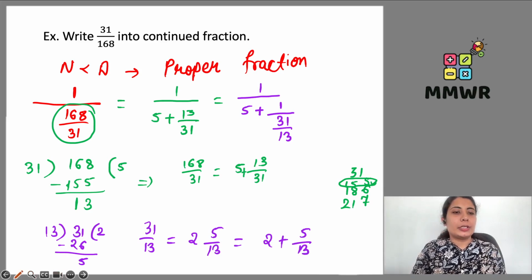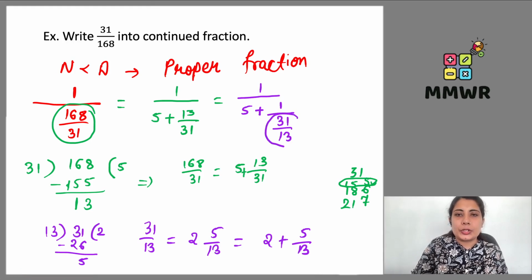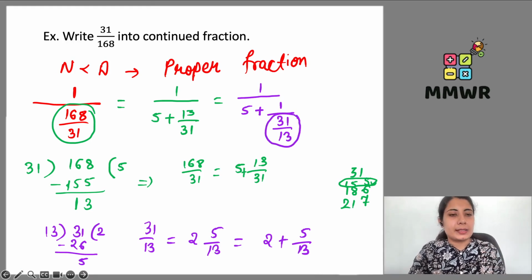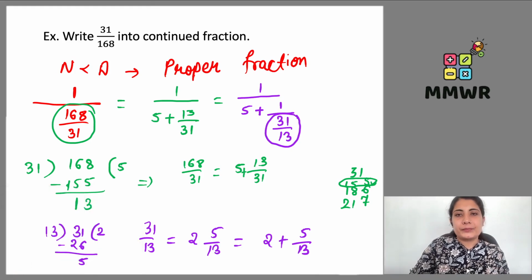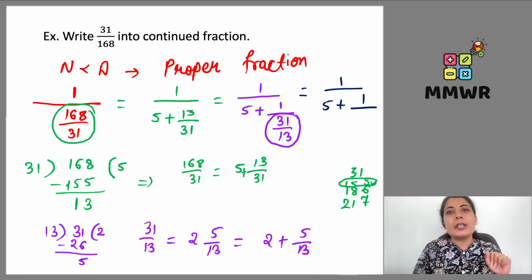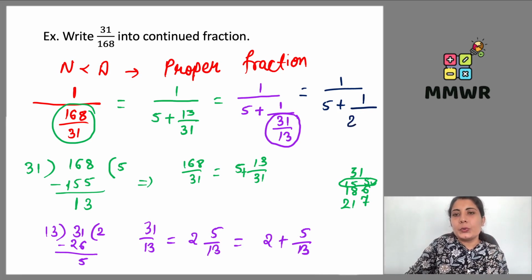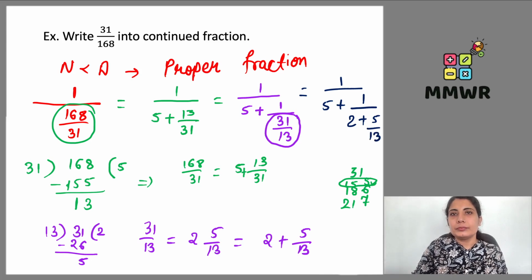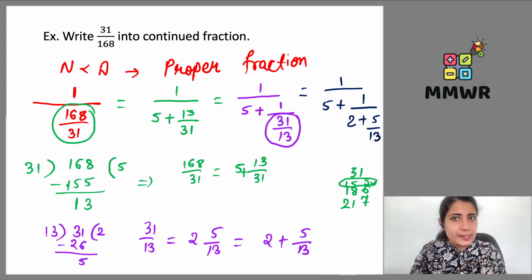So in place of this portion, 31 upon 13, I am replacing it with which one? Yes, 1 upon 5 plus 1 upon, in the denominator of 1, I have 31 upon 13, and 31 upon 13 can be written as 2 plus 5 upon 13. Okay. Further division is possible.